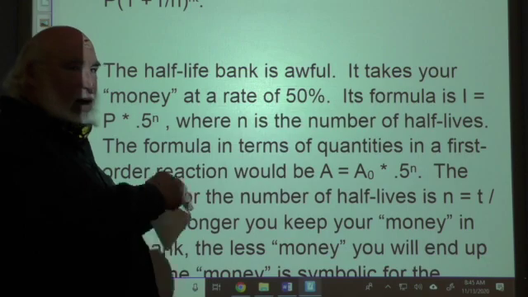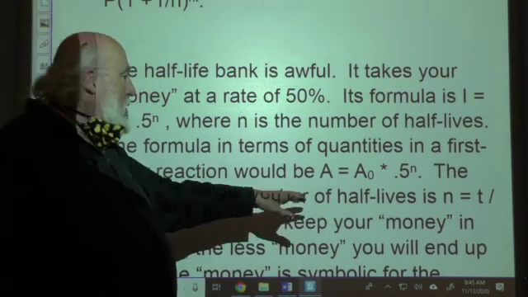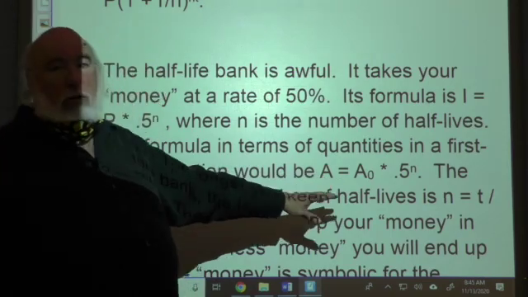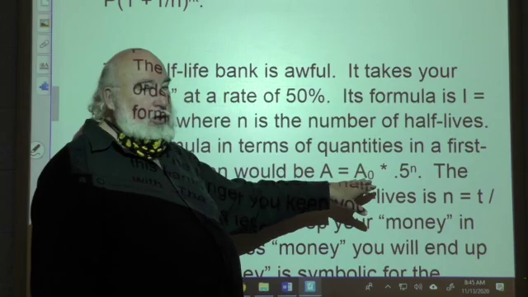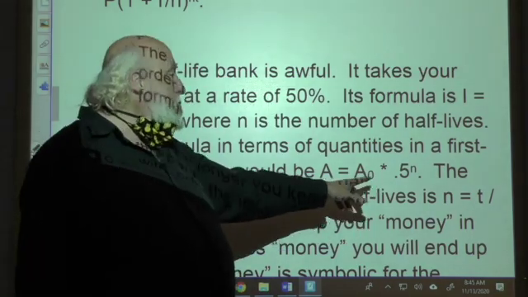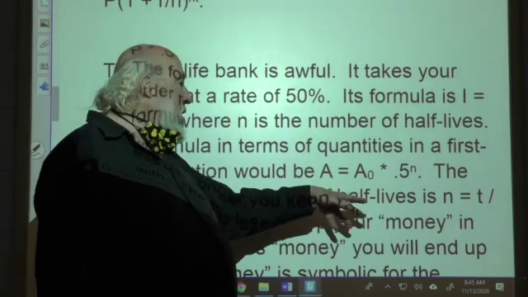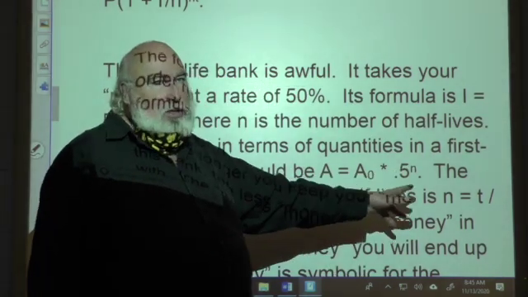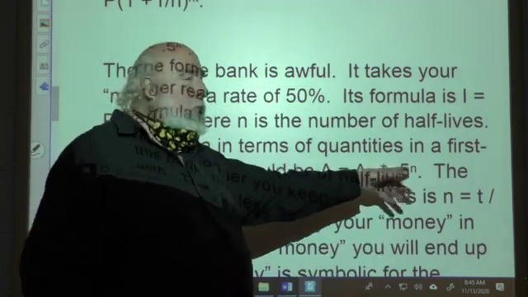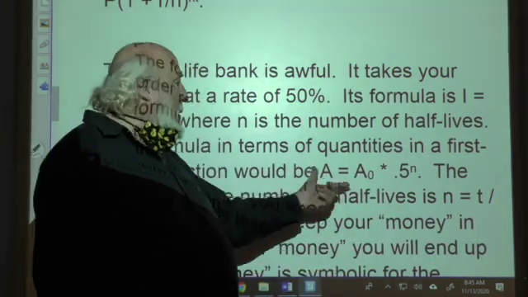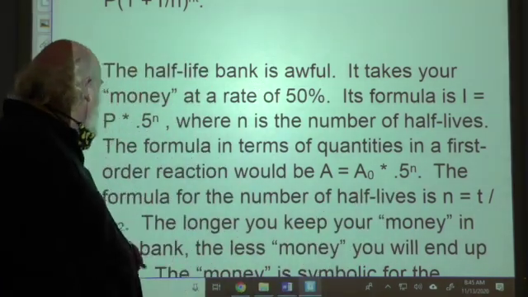For every time frame, you're going to lose 50%. So your principal is now your original quantity, and A, your quantity, is your original quantity times 0.5 to the n power. And remember, we were dividing by 2 to the n power, and the inverse of that for multiplication is 0.5 to the n power. So this is basically the same formula we had before, just written differently.